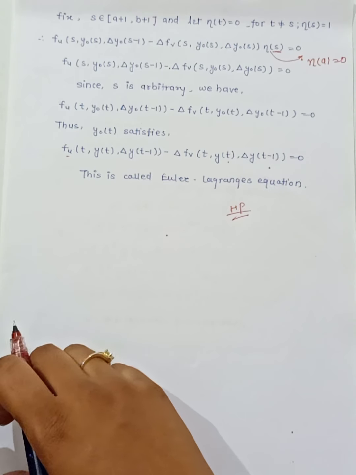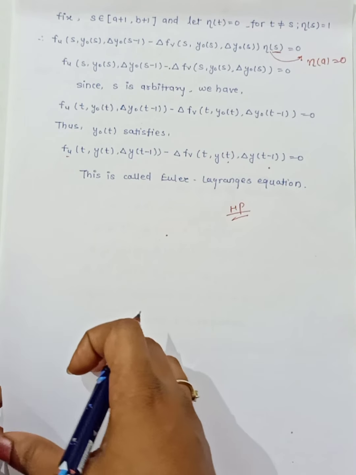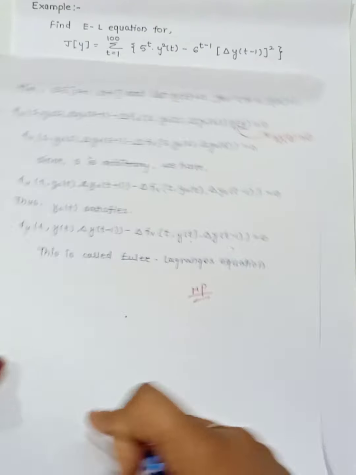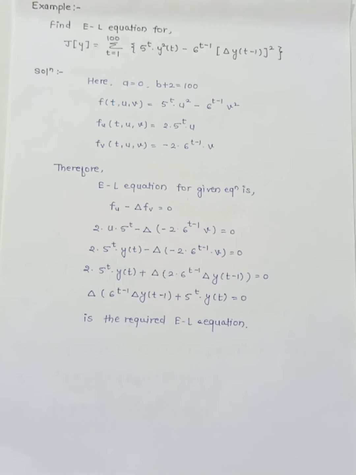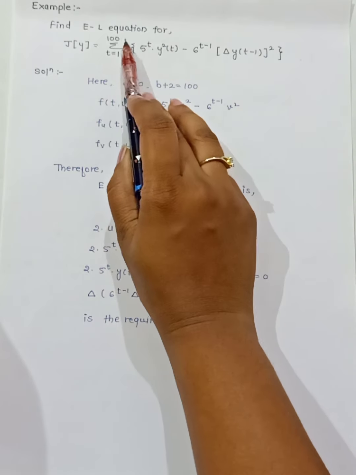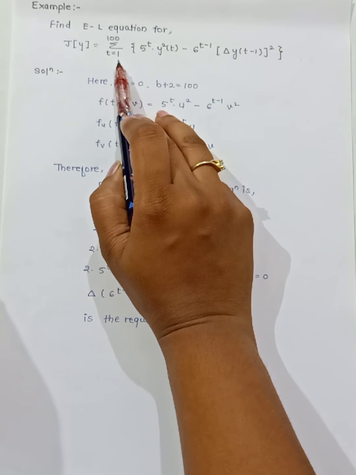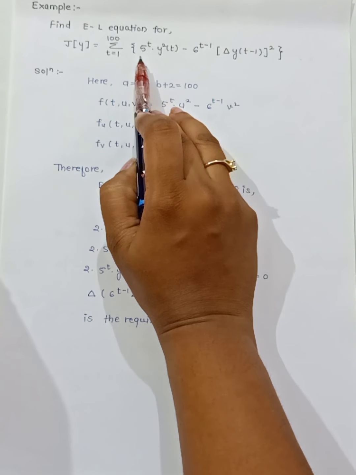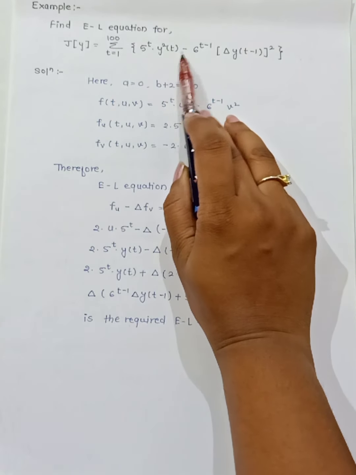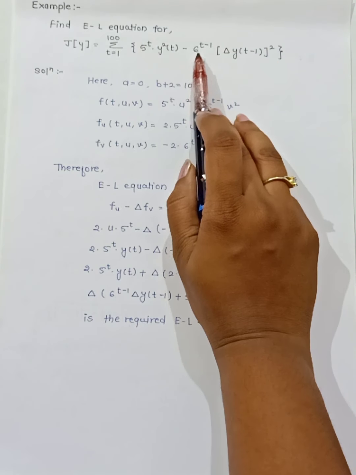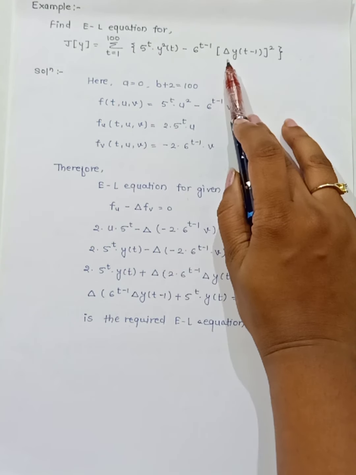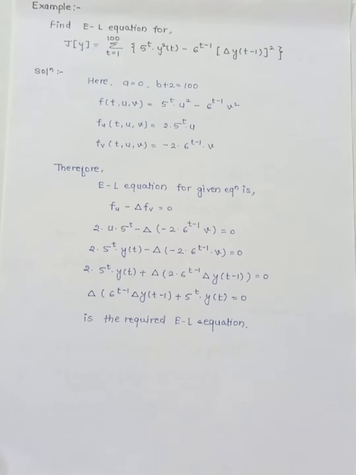Next we will see an example on this Euler-Lagrange equation. So the question is: find the EL equation for J(y) = summation from t equals 1 to 100 of 5^t y²(t) − 6^(t−1) (Δy(t−1))².